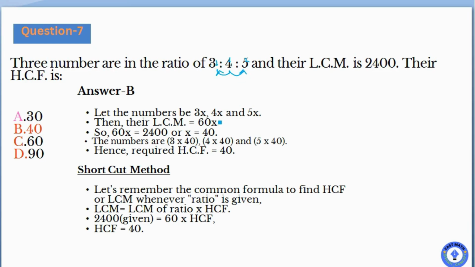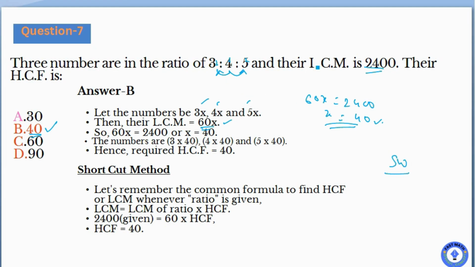Just multiply all these numbers. 3 into 4 into 5 becomes 60x. It is nothing but 60x is equivalent to the LCM, that is 2400, and x is 40. x is nothing but the HCF of those numbers.